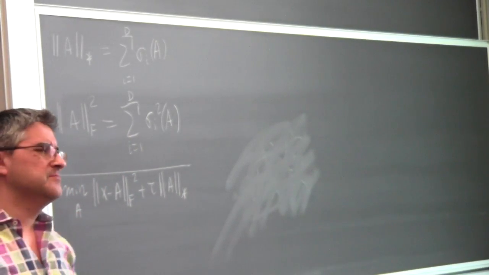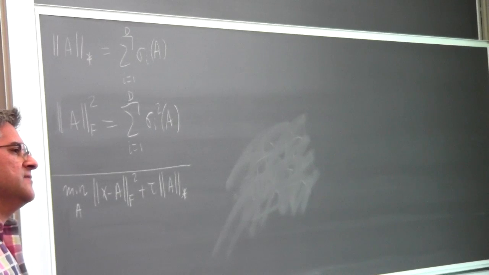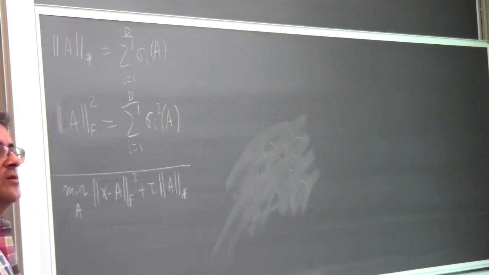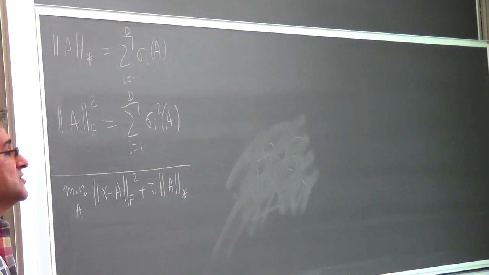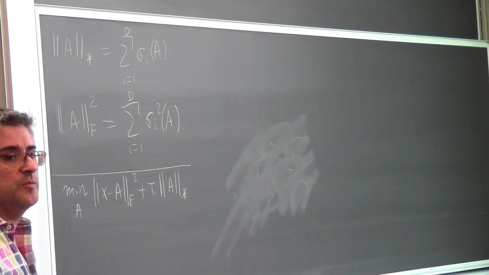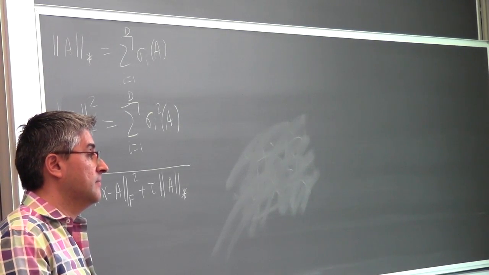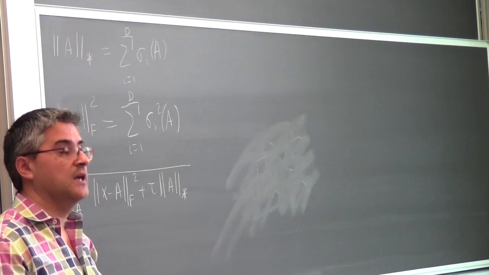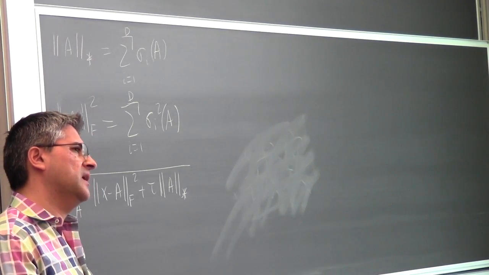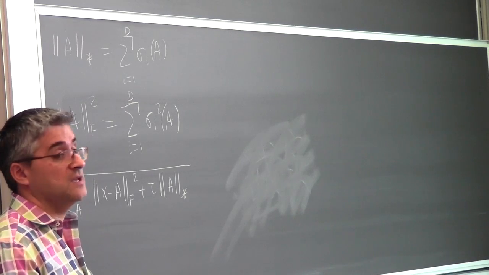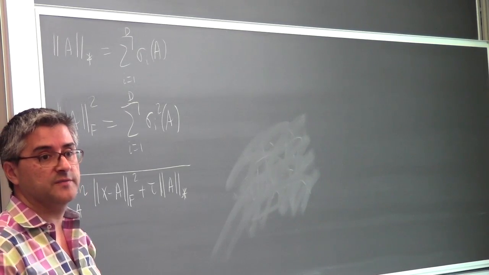By the way, I am saying a few things here that I haven't even proven. Maybe you've never seen this nuclear norm before, and so you might immediately ask, why is it a norm? Good question. Then I said I'm going to replace the rank, which is non-convex, by this thing, which is convex. Why is it convex?